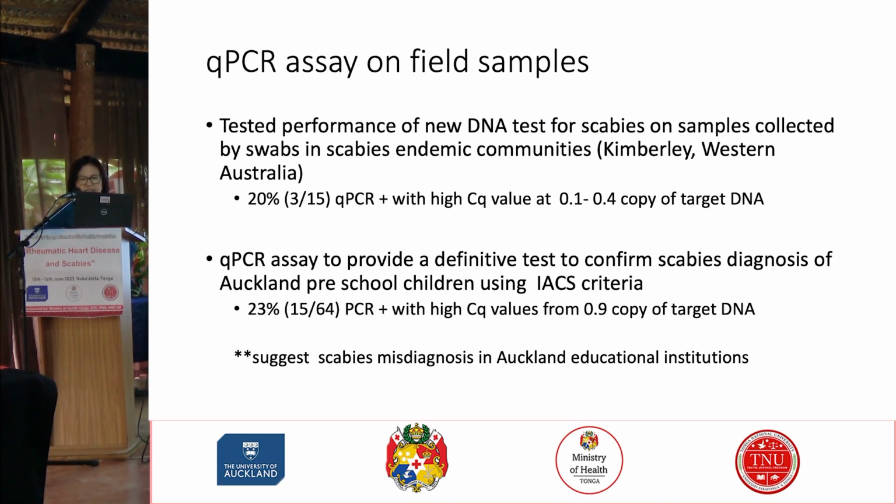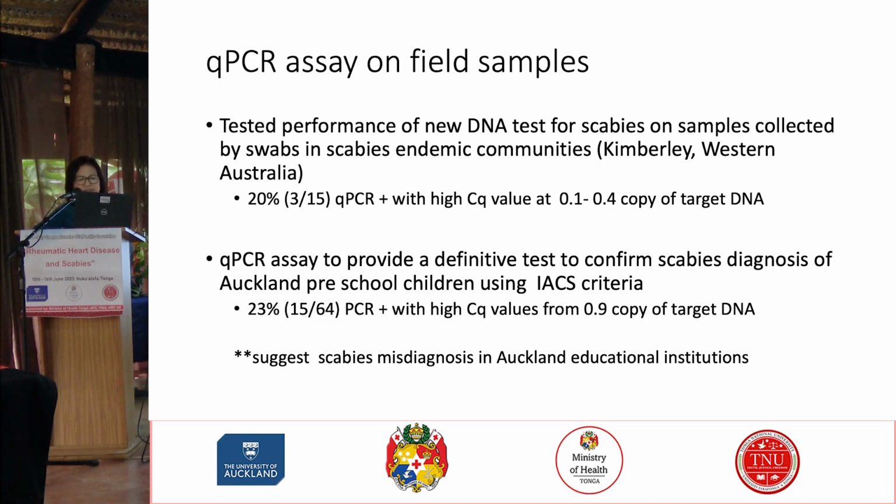We tested this in the Kimberley, and from the survey of kids in endemic communities, we found a 20% positivity rate, and we found that a really high Cq value means a very low copy number of DNA. It's really less than 1 copy in field samples, like the samples you collect by swabs in the community.